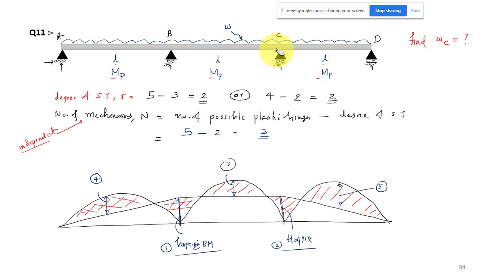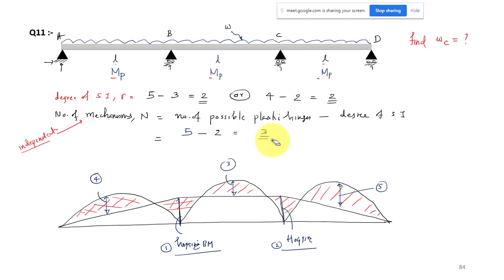Similarly, there can be a failure in the span CD. Even though only one span has failed, the entire structure becomes unusable, so we have to take it as a failure of the entire structure. So in this case, we have to check 3 mechanisms.